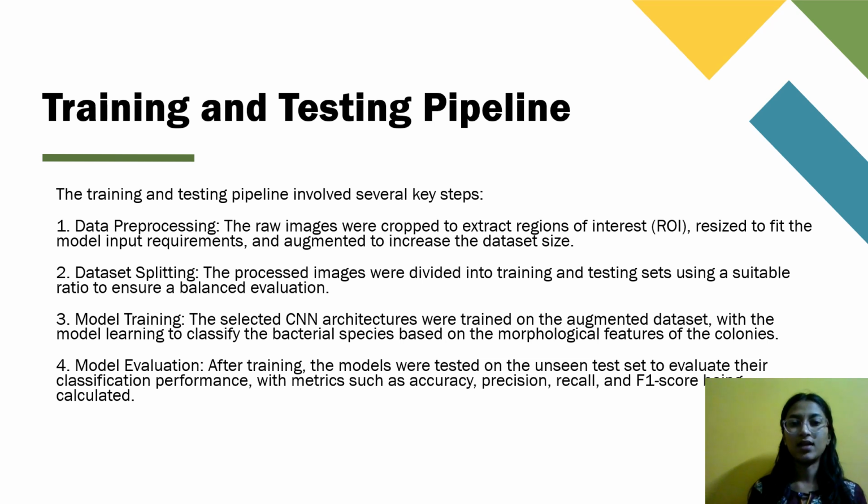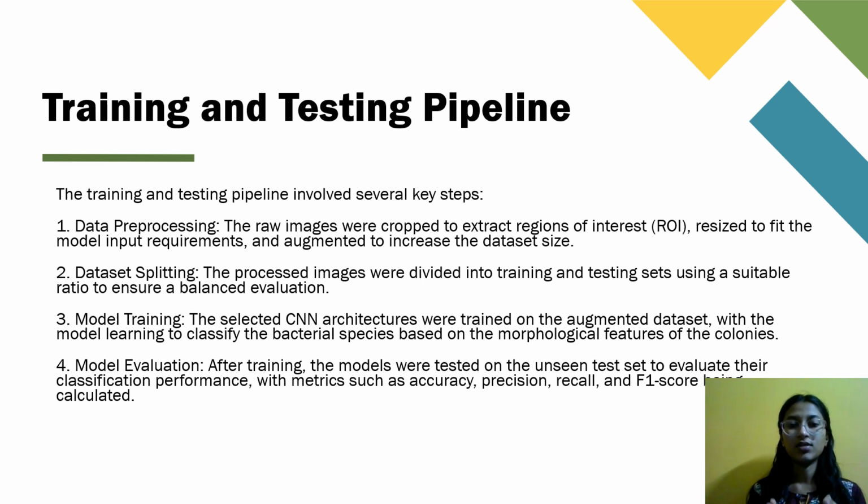Next is how the model has been implemented. For that, we need to train and test on the datasets. The pipeline involves several steps. The first step is data pre-processing: the images were cropped to extract regions of interest, resized to fit the model input requirements, and augmented to increase the dataset size.